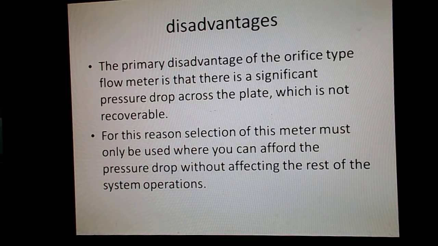The major disadvantage is that there is a significant pressure drop across the plate which is not recoverable. So for this reason, this meter must only be used where you can afford the pressure drop without affecting the rest of the system operations.